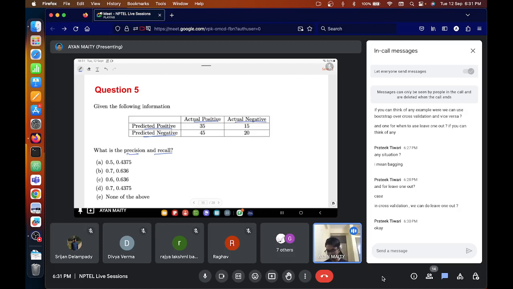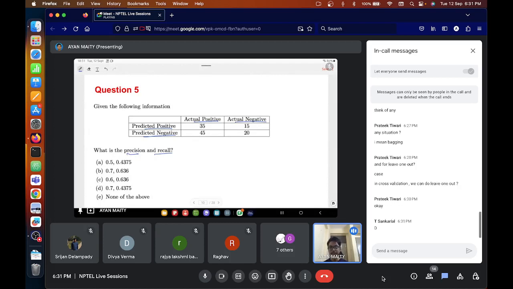So basically from this table you have to find out the value of true positive, true negative, and false negative. These are the 3 main things you have to find out from this table, and then you use these values to compute precision and recall.